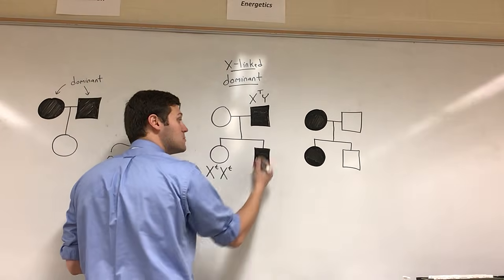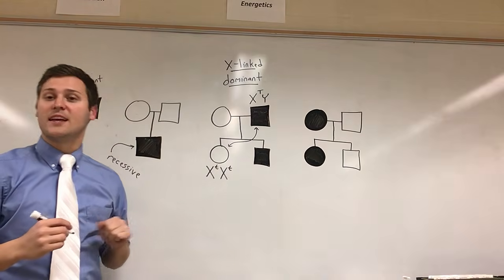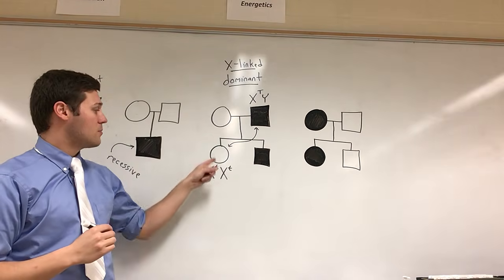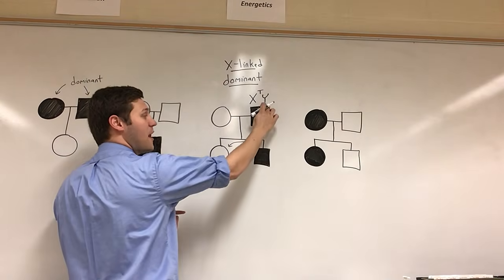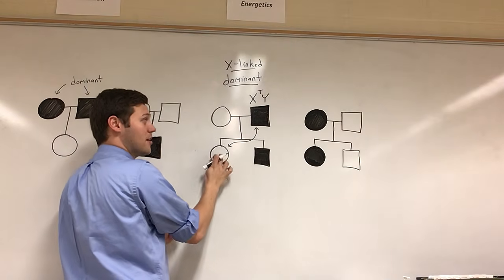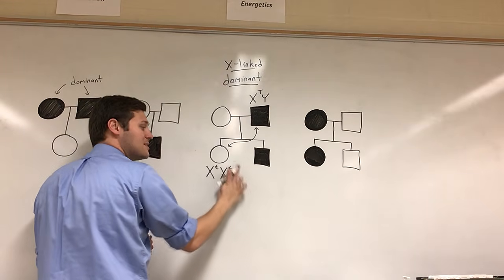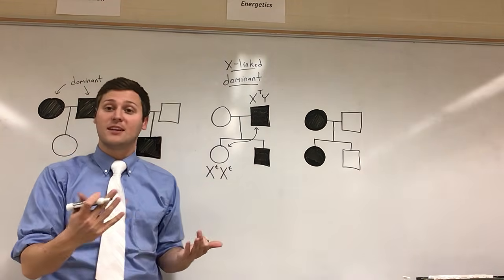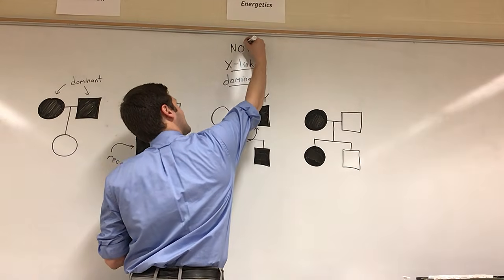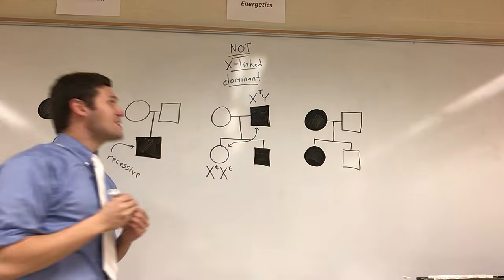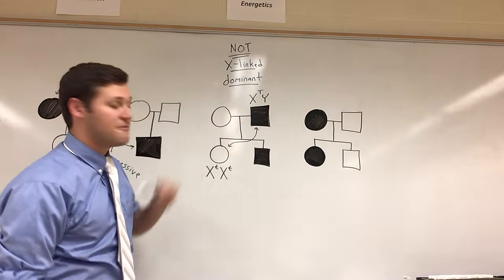In that case, if you see a shaded father with an unshaded daughter, this is not possible, because the father didn't give a Y to the daughter, he had to give an X big T, but this daughter has no X big T's, otherwise she would also be shaded. So in this circumstance, it cannot be X-linked dominant because we have an affected father with an unaffected daughter.